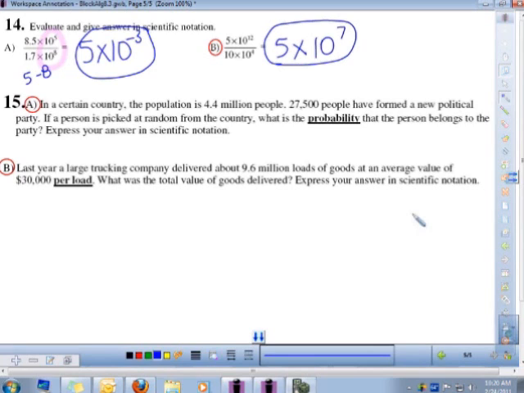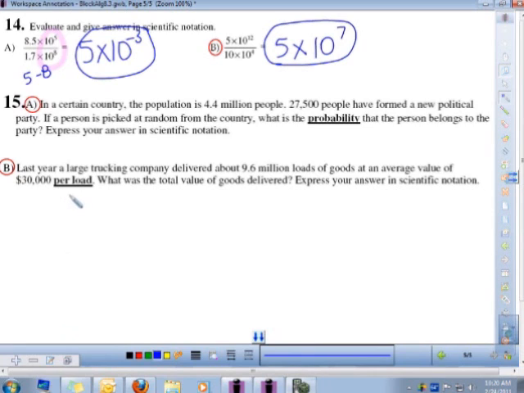Now, number 15 on the test is going to be a word problem, and I'm going to show you the clues in the words that's going to help you get this right. On part A, notice I've underlined and bolded a word, probability. And then on part B, I've underlined and highlighted the word per. What does the word per mean in that?